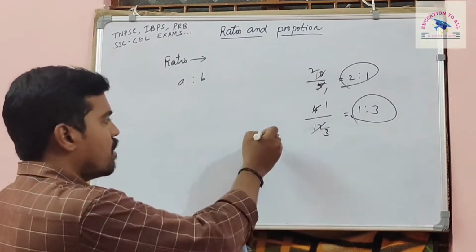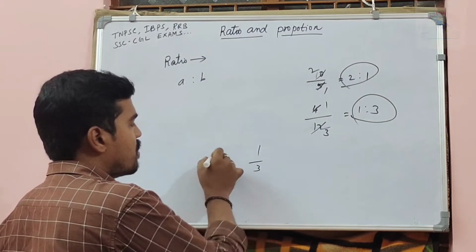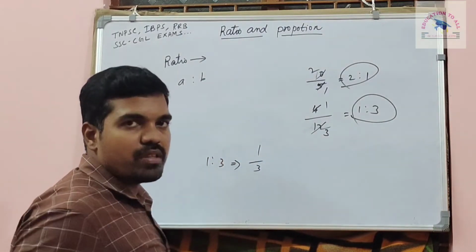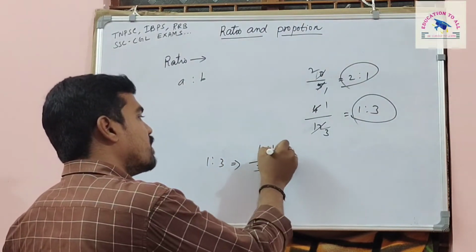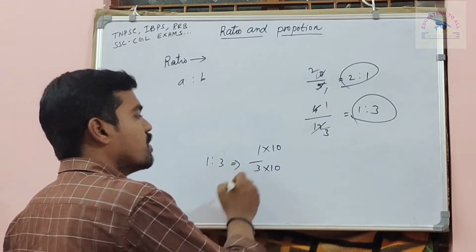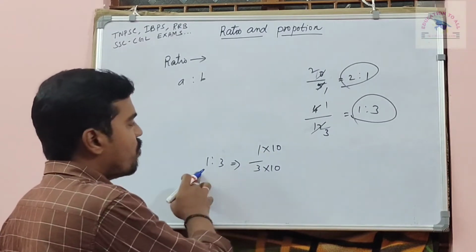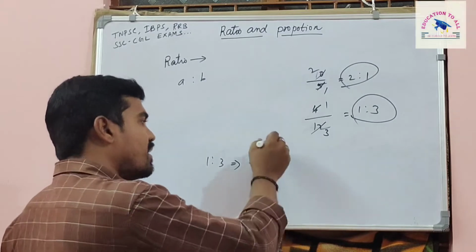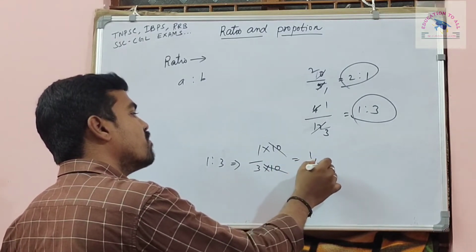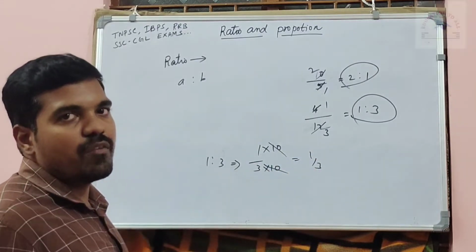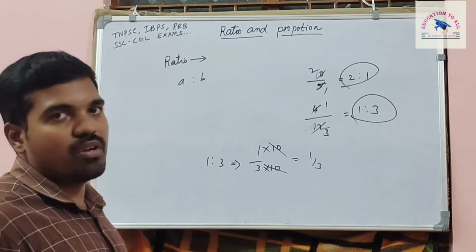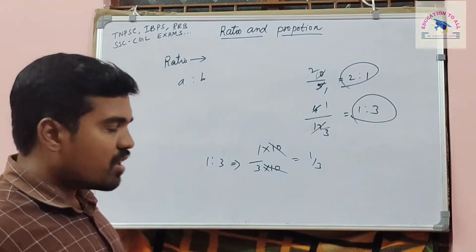For example, 1:3 is nothing but 1 by 3. If you multiply by 10, both numerator and denominator, the 10 gets cancelled and it remains the same. The ratio never changes if you divide or multiply; it does not affect the ratio.